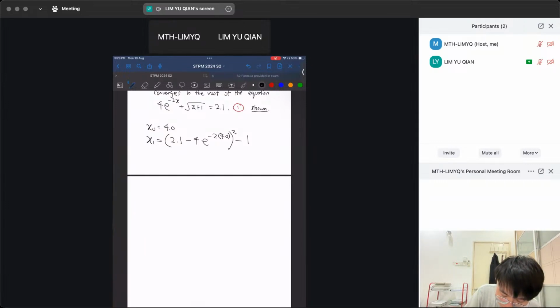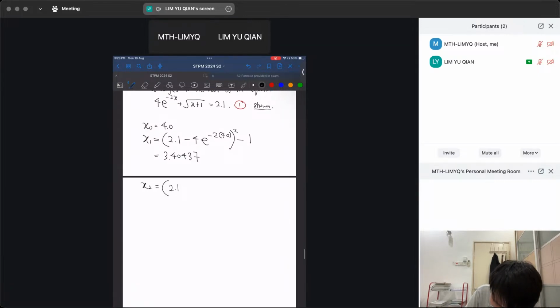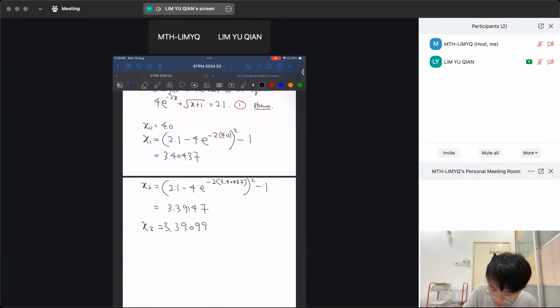Okay, so this one is 3.40437. x2 is equal to, you must copy back the formula, 2.1 minus 4 times e negative 2 times 3.40437, square, minus 1, that's equal to 3.39147. x3: you must copy at least 2 times the formula, 3.39099.